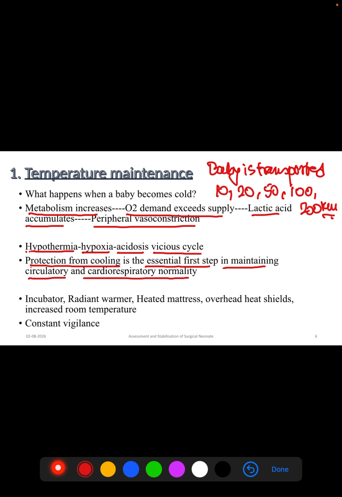We have either an incubator or radiant warmer or heated mattress or overhead heat shields or increased room temperature. These are the measures that we can take. And the constant vigilance is by monitoring the baby, so that whatever measures we have taken are followed judiciously.